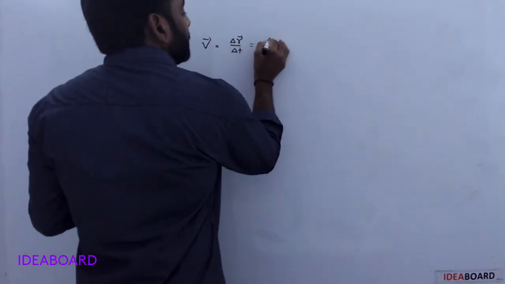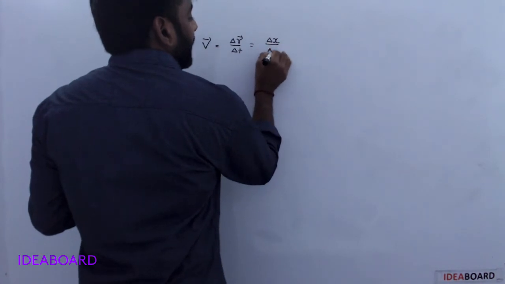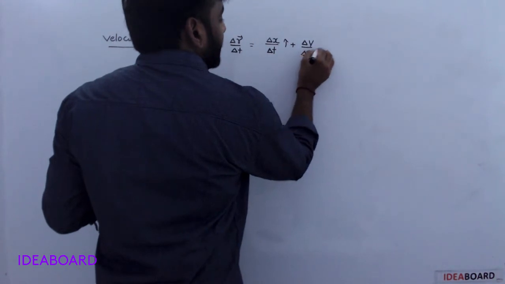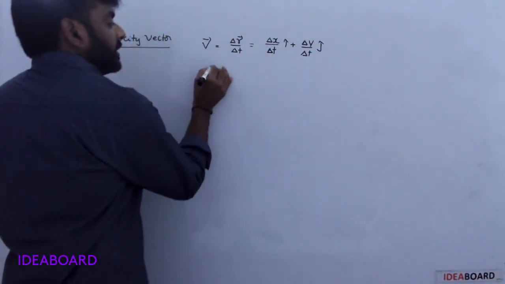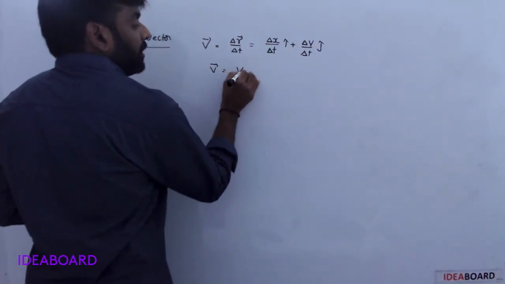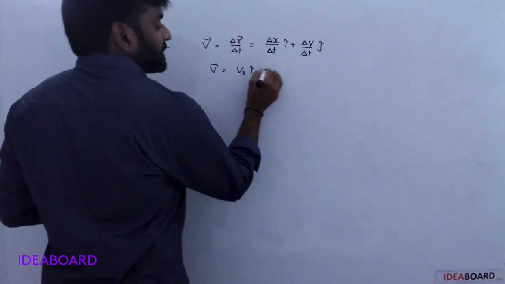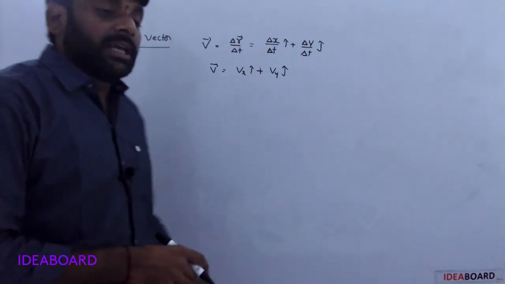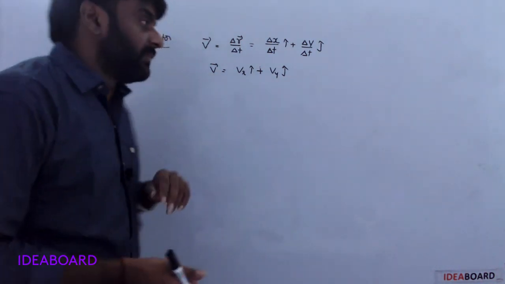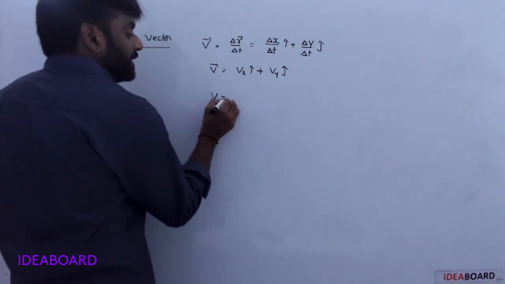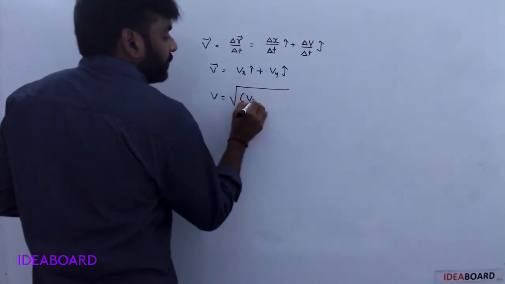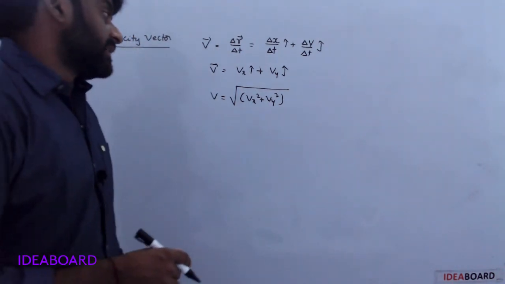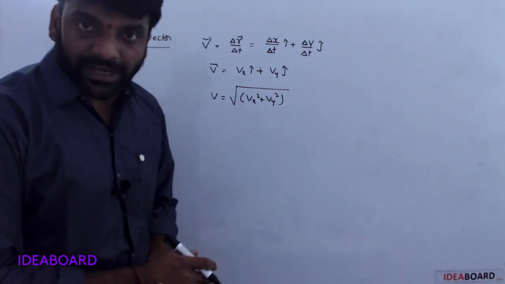Simply write as delta x by delta t i cap plus delta y by delta t j cap. That means v bar is equal to v suffix x i cap plus v suffix y j cap. Understood? Its magnitude is equal to square root of vx square plus vy square.